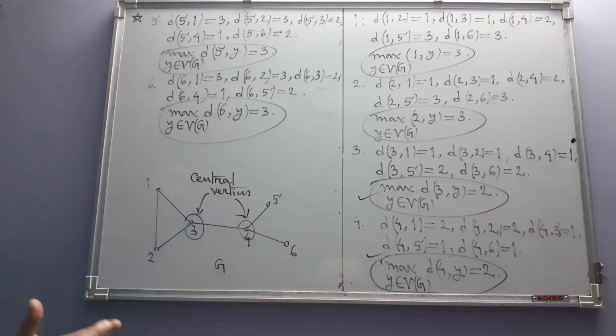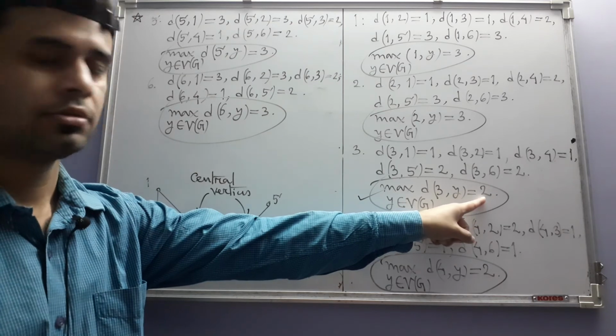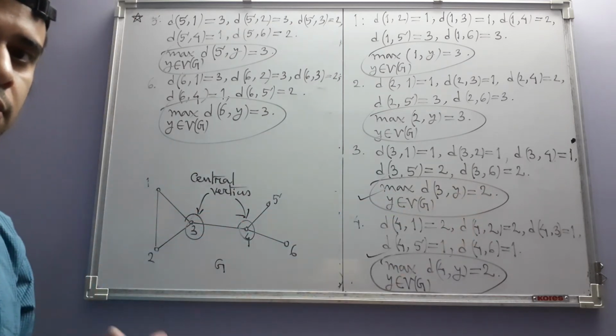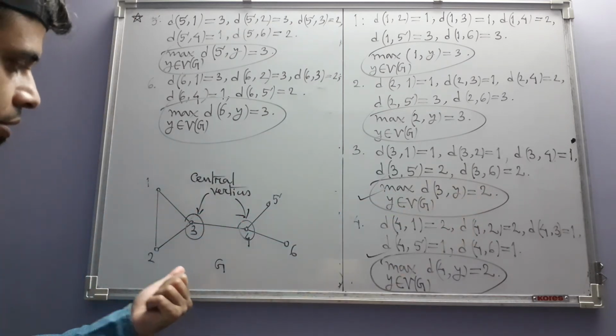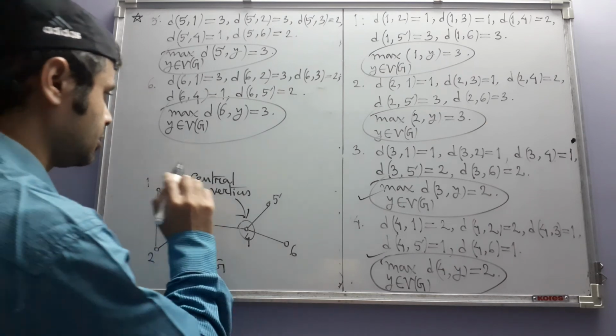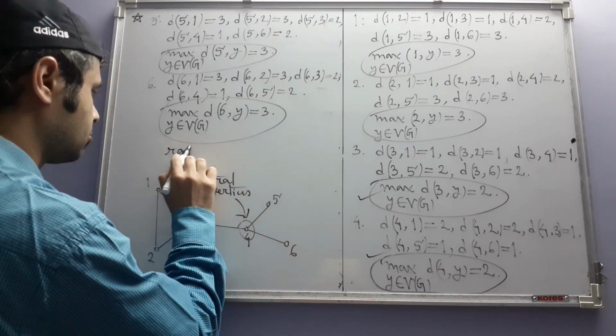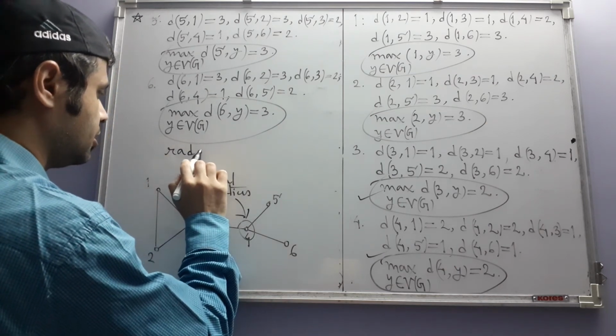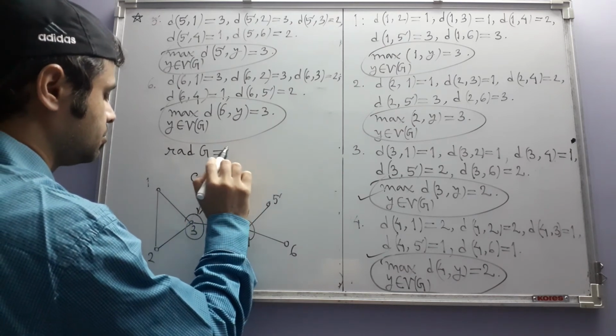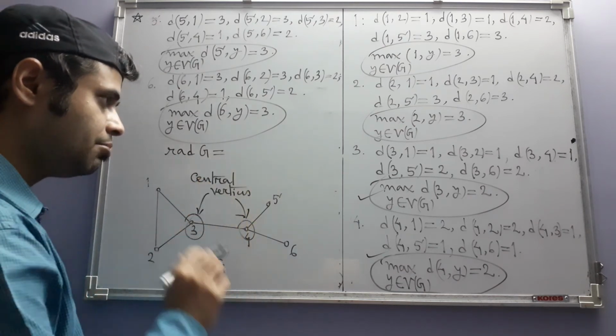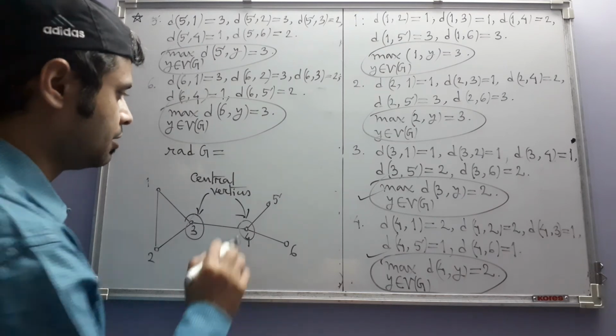And this value 2 is the radius of the graph. So that means radius of G is the minimum of all the maxima.